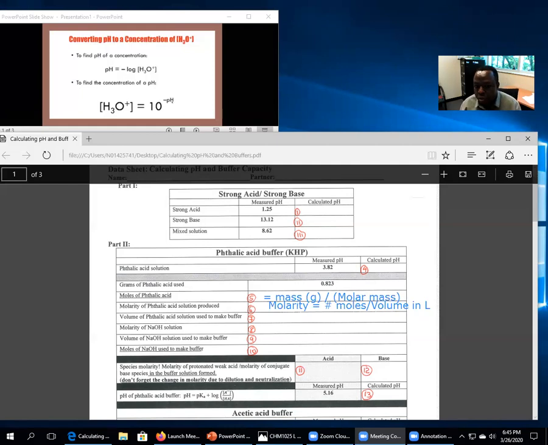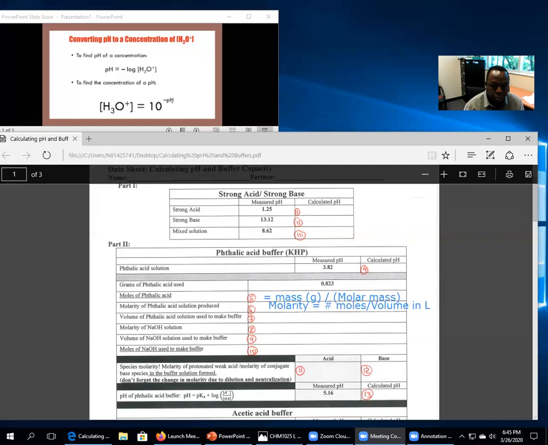You can use the chat feature to respond to my question. Thank you, Kiera. Yes, it is 40 mL. So if it is 40 mL, change that to liters. You know how to change the volume to liters. Thank you.